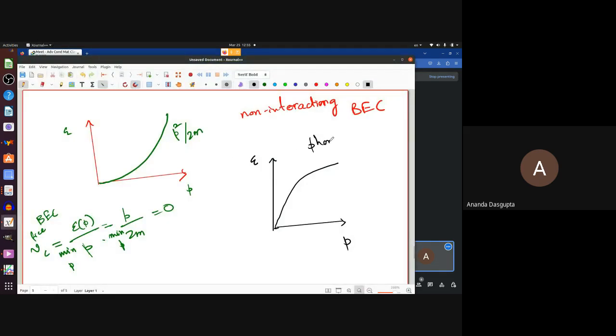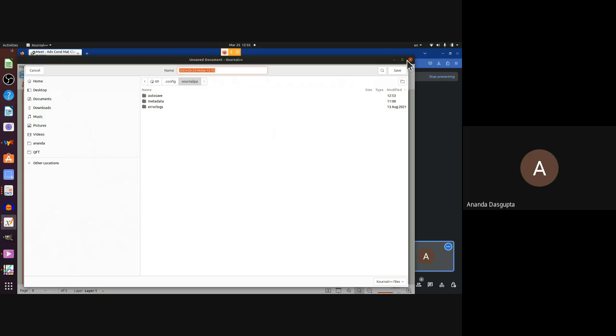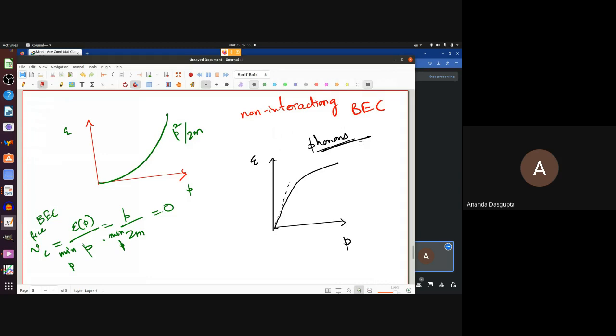And for phonons, epsilon is proportional to p for low frequencies, low momenta, and low energies. And as the energy grows, the momentum rises and you get closer to the edge of the Brillouin zone, the curve bends. This is like the sine curve that you must have studied in the phonon dispersion relation.